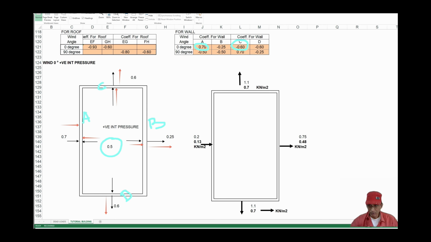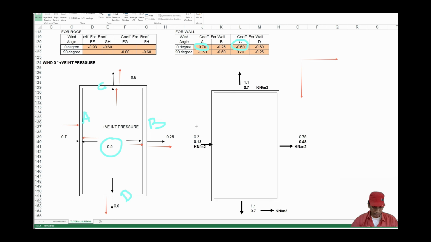So we have x direction in STAAD and z direction in STAAD this way. Now we have to consider global direction, no more consideration of whether it is towards the wall or away from the wall, while we compute the effective coefficient, the algebraic sum of the coefficients.